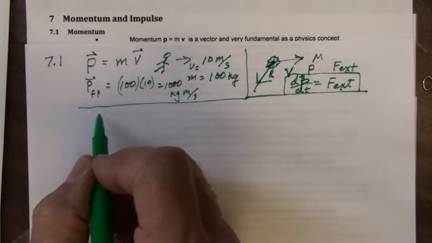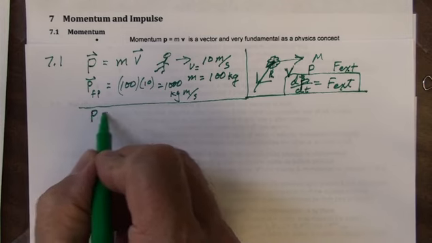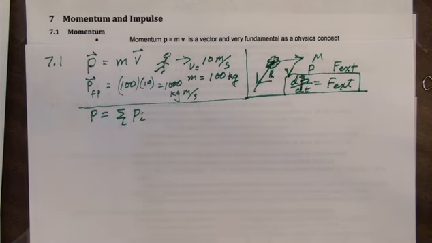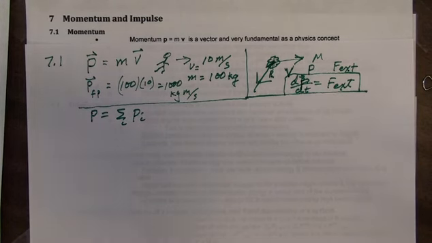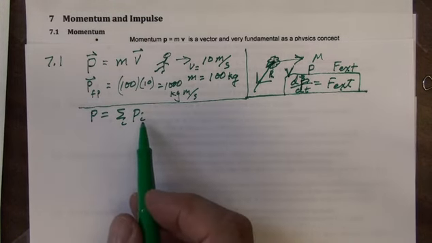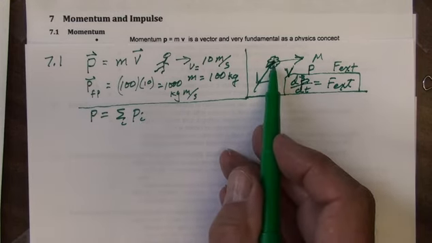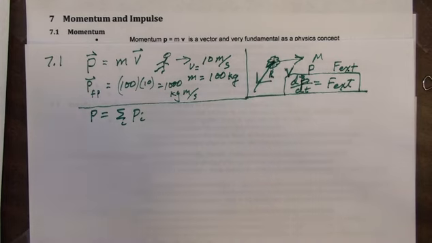And we know what the total momentum is. The total momentum P is the sum of all the momentum of the individual particles. This could be, of course, trillions and trillions of these particles, even more than that, Avogadro's number, these atoms and molecules that are inside, or collections of pieces or fragments of material.